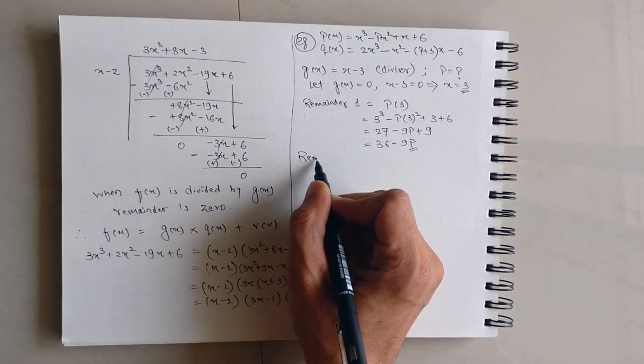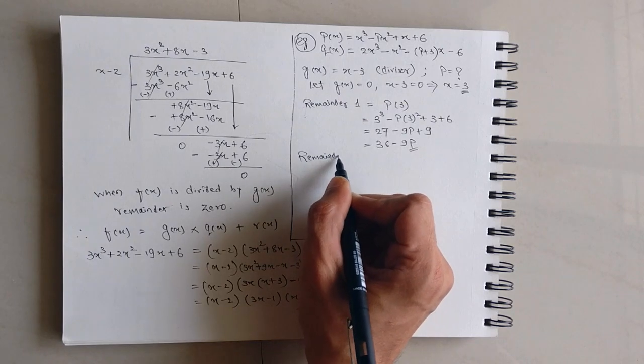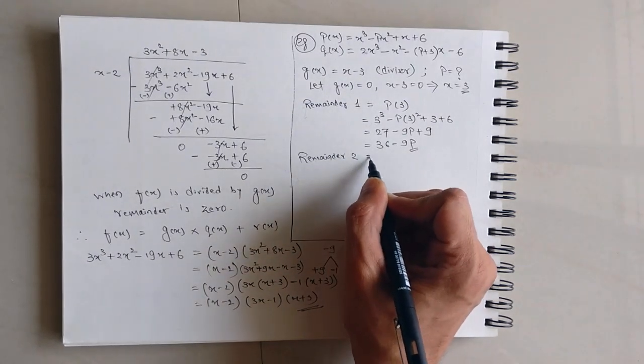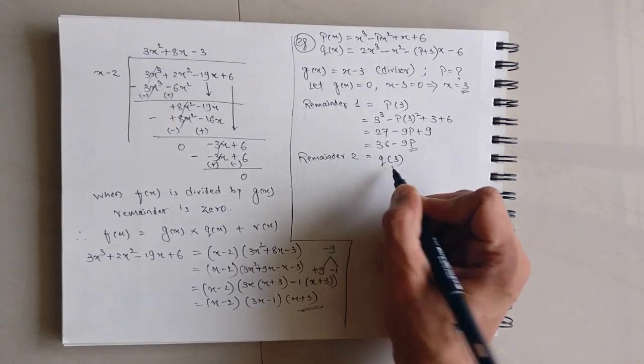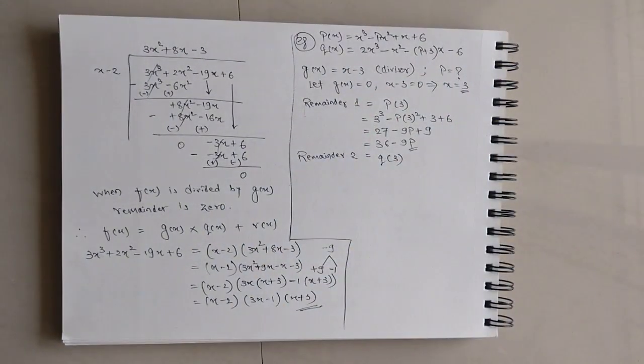Remainder 2 will be q of 3. The second polynomial is q. In the place of x in the second polynomial, we will put 3.